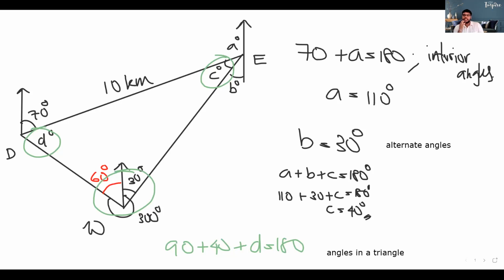Yes, you can. What Sandali Dua is saying is you can extend this line, and let me just get rid of this, and you can take alternate angles. So basically this is going to be equal to A. So wait, even then how are you going to get it?